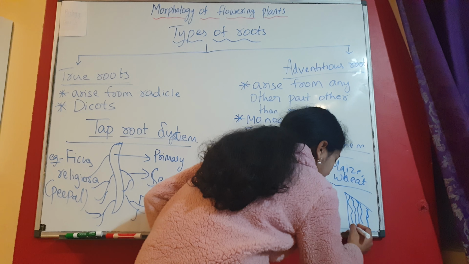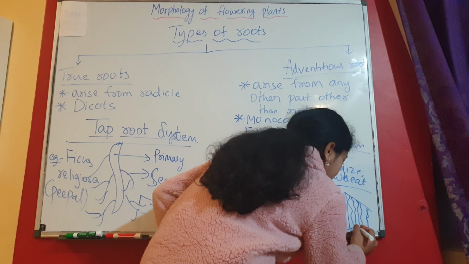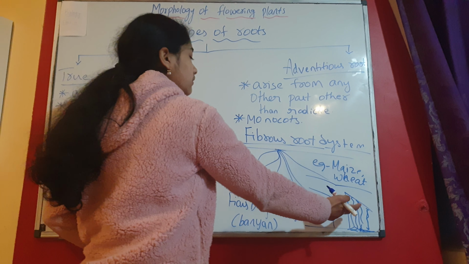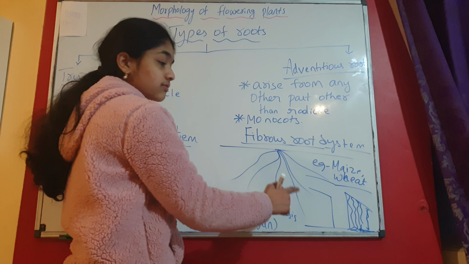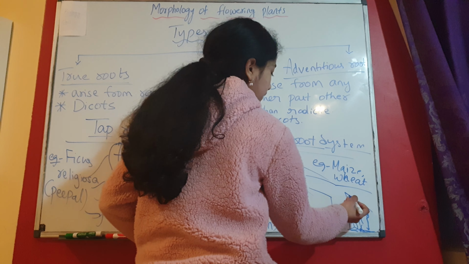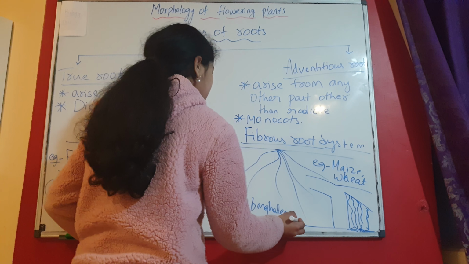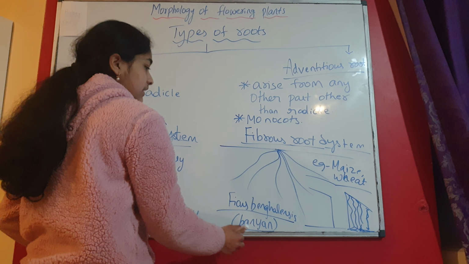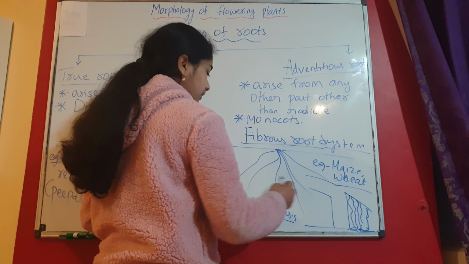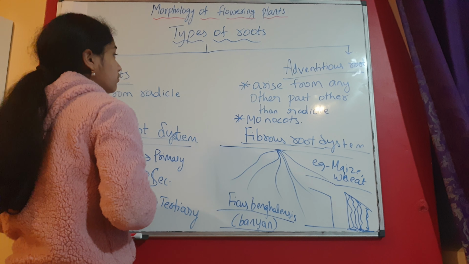And when they touch the ground, they again grow on the ground itself. So these roots don't arise from the radicle in the cotyledon or the seed. They arise from the branches here. This is in case of Ficus bengalensis, and it is for mechanical support. It's actually an adventitious root.